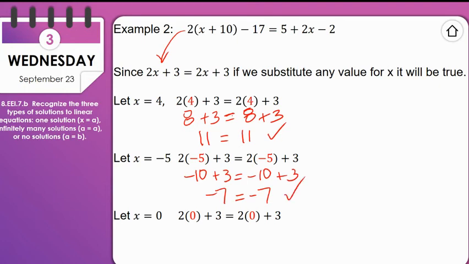If I let x equal 0 and I substitute 0 in for x, 2 times 0 is 0. So I have 3 is equal to 3. All of these are true statements, and we could substitute any value in for x, and we would arrive at a true statement.